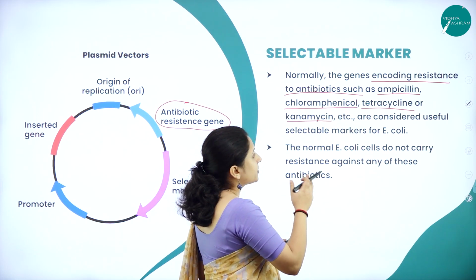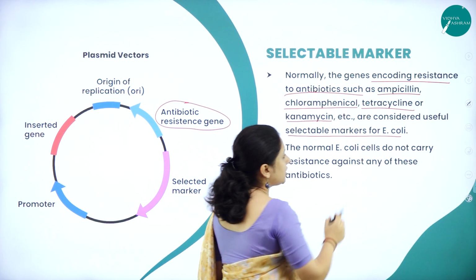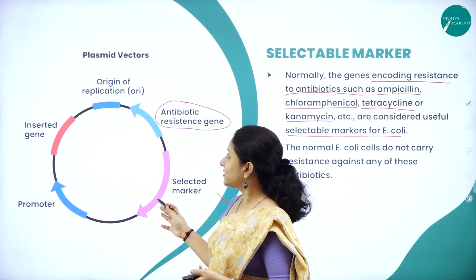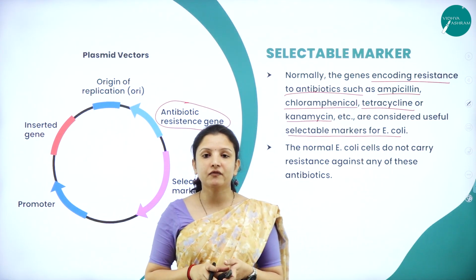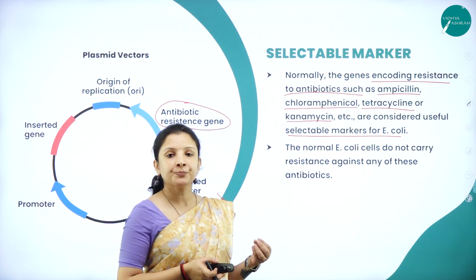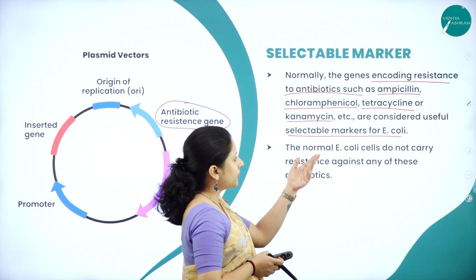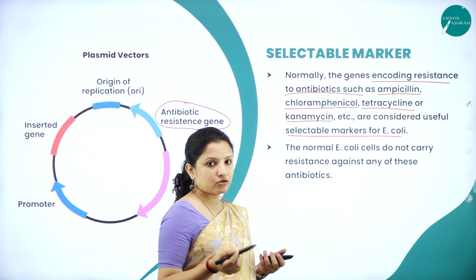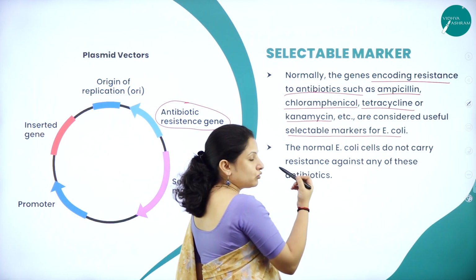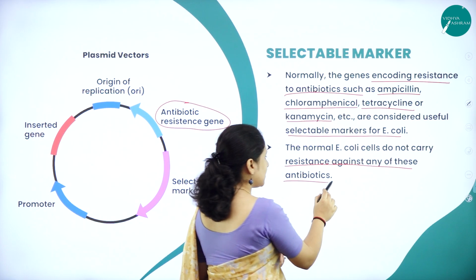The reason they are used is that they are the selectable markers for E. coli. The plasmid vector that we are using is from E. coli bacteria. E. coli is one of the common bacteria that are used as a vector here. The normal E. coli cells do not carry any genes that are resistant against any of these antibiotics.